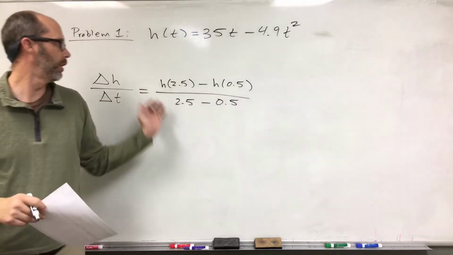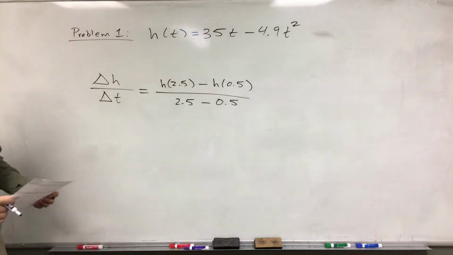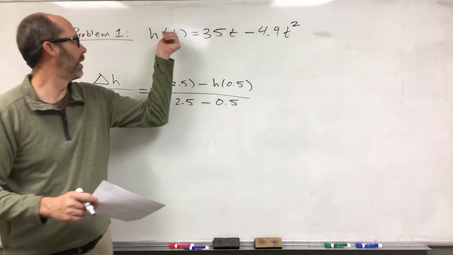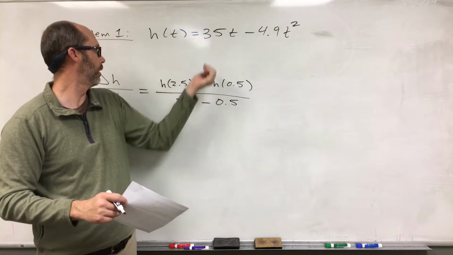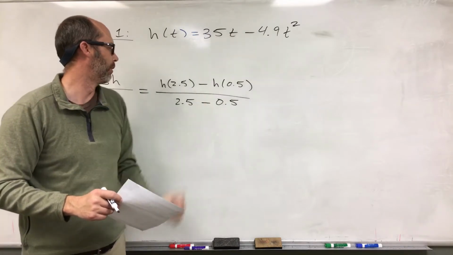So you compute this number. Put 2.5 in there for t, that'll be that number, minus putting 0.5 in there.